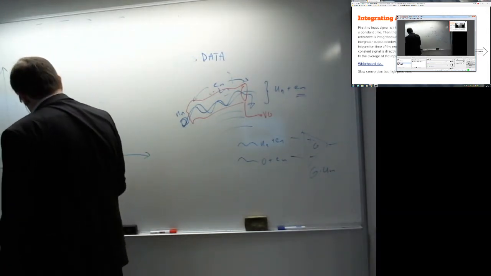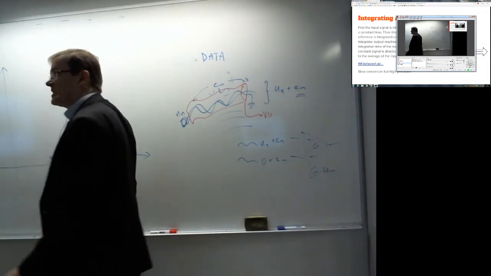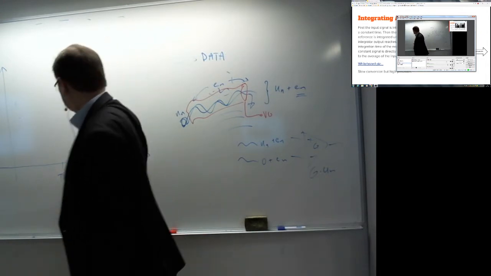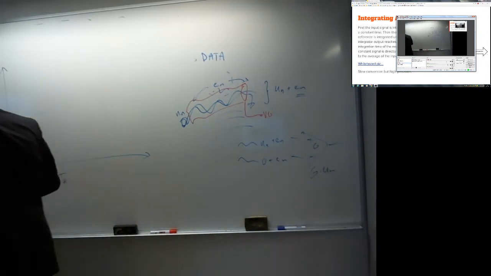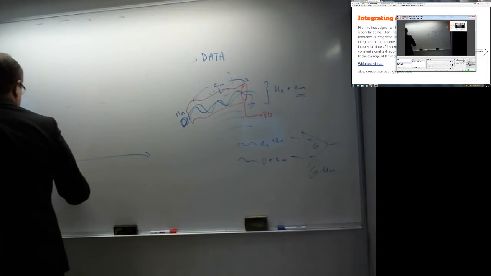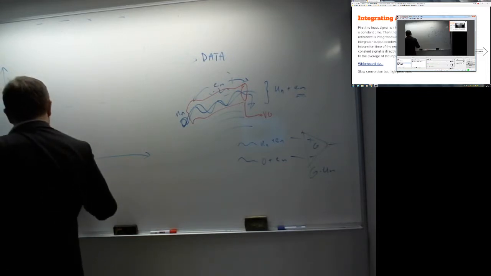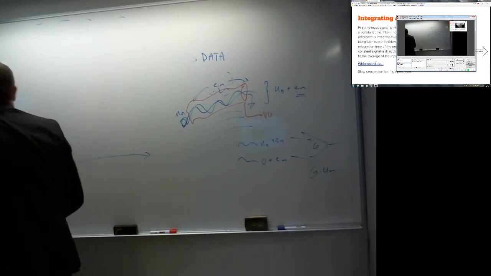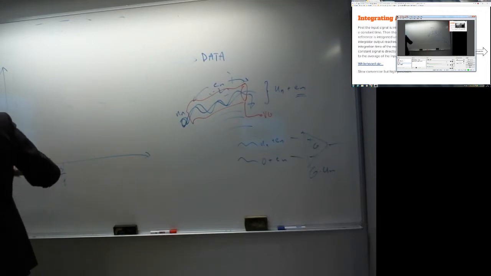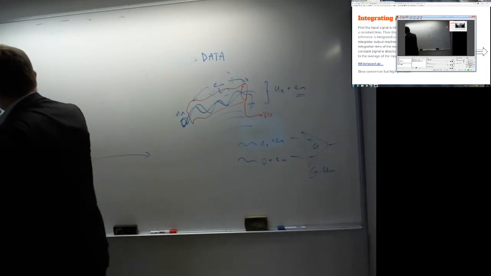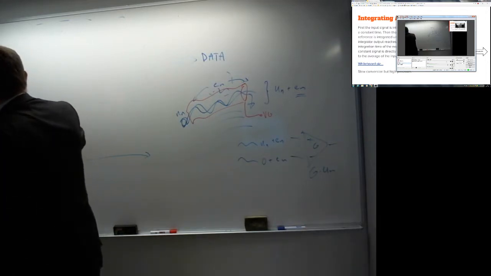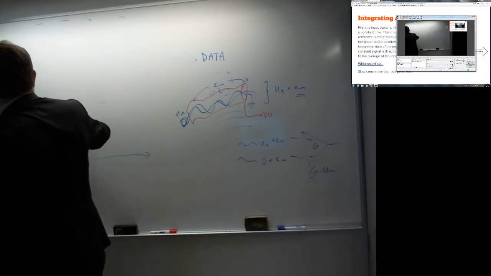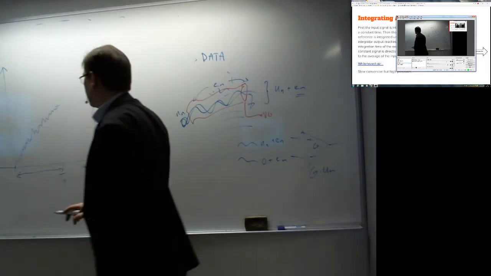So that's a constant time, I'll call it TI, the time for integration. The system starts integrating the signal, and the signal varies, but this one goes to some level.